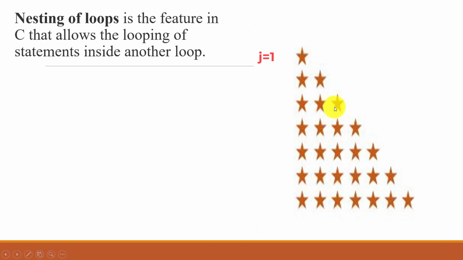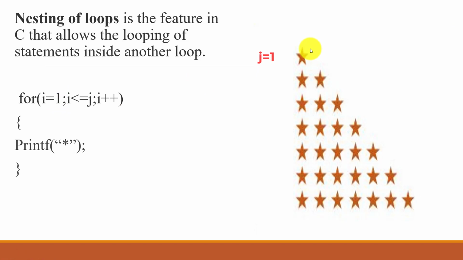I can print it with this kind of for loop, and inside this for loop I write the printf of the star. So all the stars are going to be printed by this inner for loop condition. Now let's understand how it is going to print. I am going to consider two variables here, I and j.